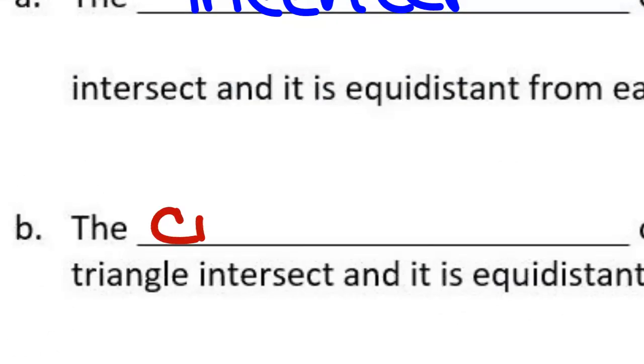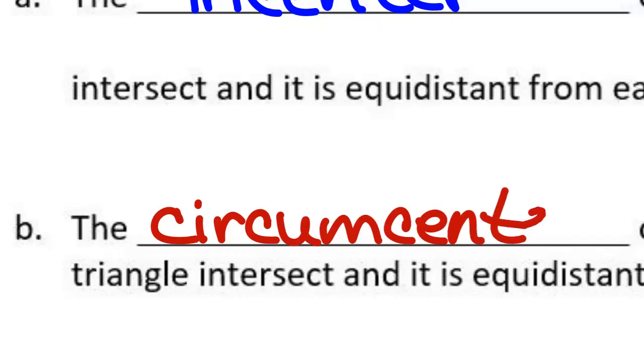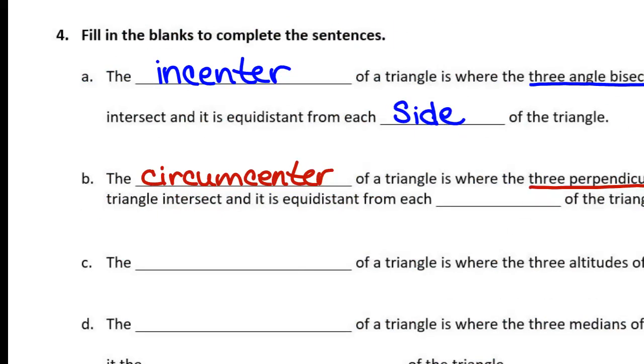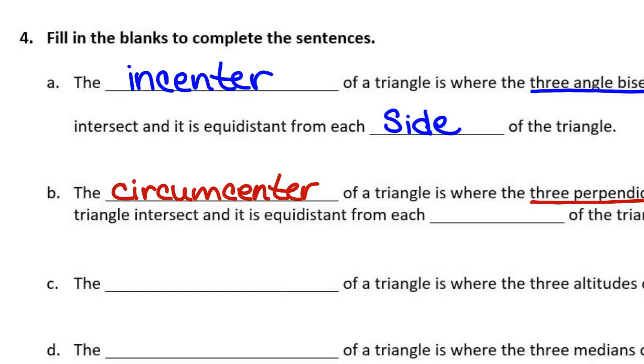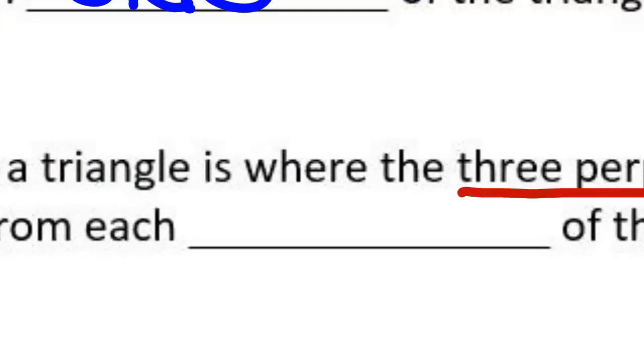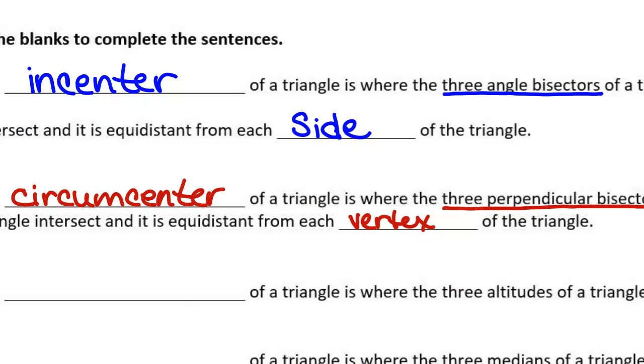Circumcenter, yes. This is the circumcenter. If the incenter is equidistant from each side, what do you think the circumcenter is equidistant from? The angles, which we would say the vertex of the triangle, each vertex. That's what we call the corners, like the actual points.